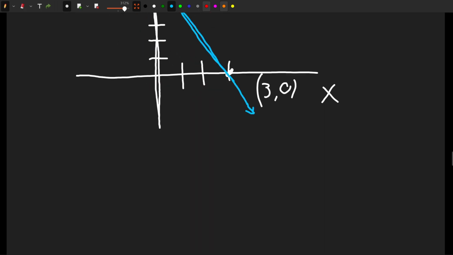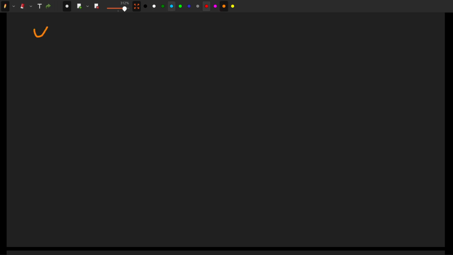All right, we have one last problem to go over. Our last problem will be y is equal to 4 plus 4x. This one is slightly tricky, just in that it's flipped.